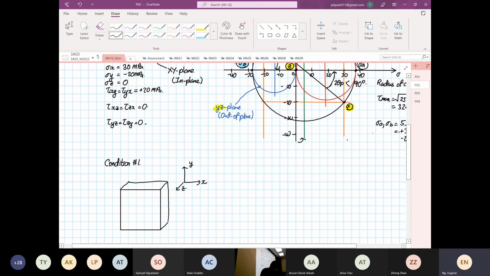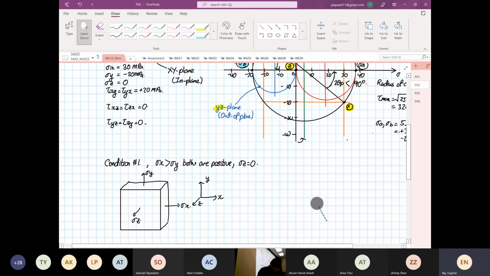So this is our stress X, stress Y, and our stress Z. For condition number 1, stress X is greater than stress Y, and both are positive. And we're going to get stress Z equal to 0.